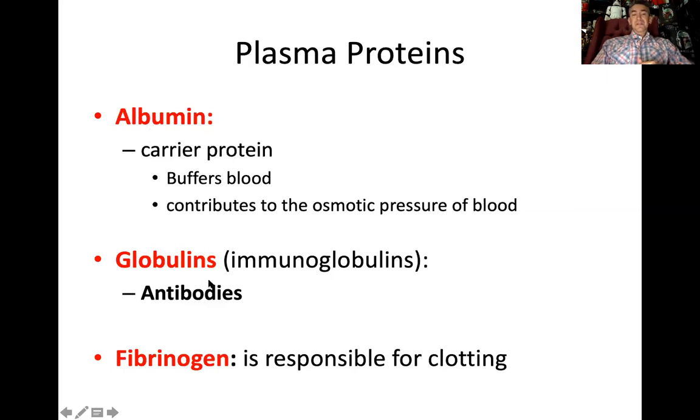Globulins, basically antibodies, we're going to address specifically in the immune chapter. Fibrinogen, these are clotting proteins necessary for hemostasis, the stopping of blood. So they're able to patch up the damaged blood vessels and prevent further bleeding.